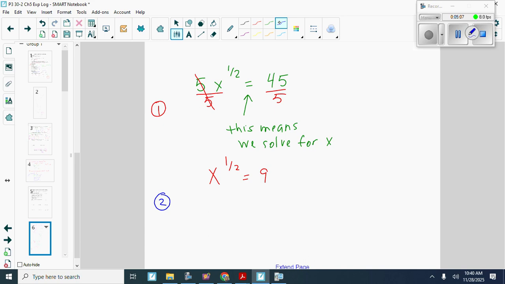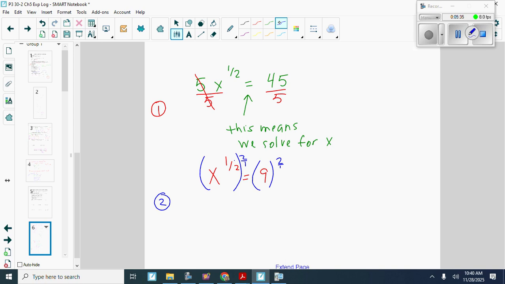So that's why we chose to raise the whole thing to the exponent of the reciprocal. Because it's an exponent, I can't say we're multiplying. We're not multiplying by 2 over 1. We're raising both sides to the exponent 2 over 1. 2 over 1 is the exact same as 2, so we're just basically squaring both sides.